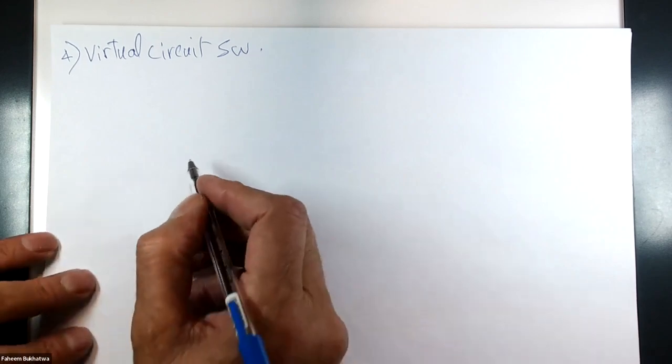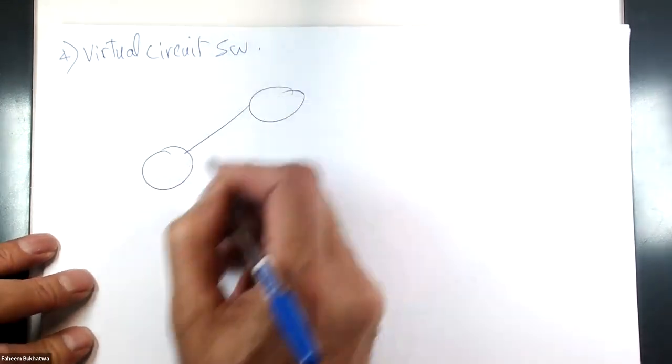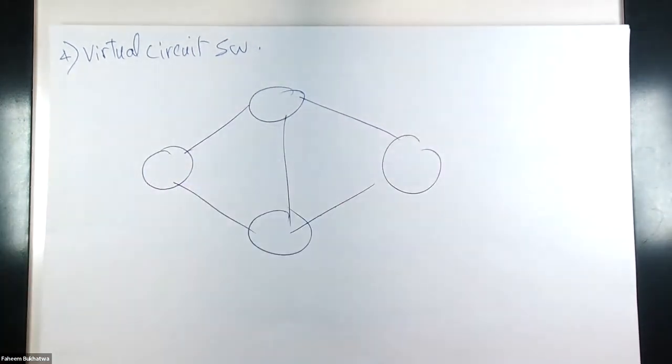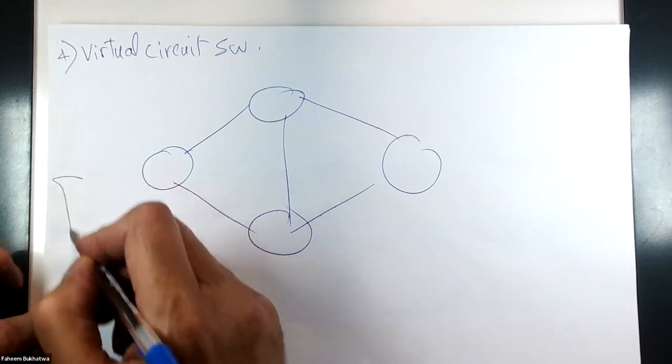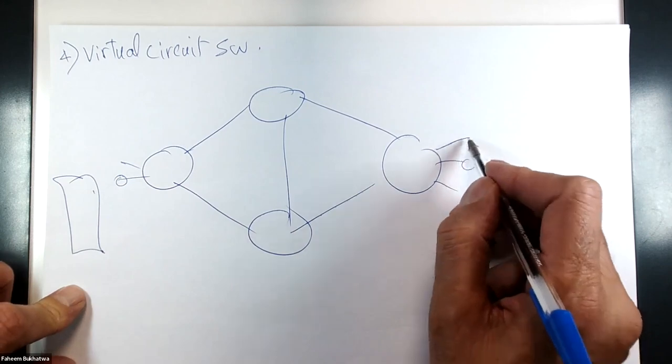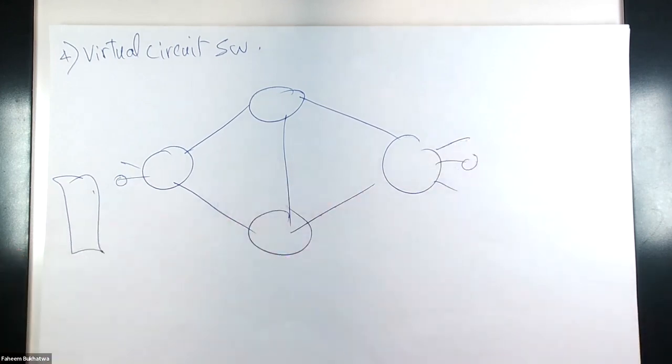This one is virtual circuit. So this is how virtual circuits work. Let's say here's a network with a few routers, and you want to send a file from a machine here to a machine there. Remember, routers don't usually exchange data generally. It's users sending messages or data to other users. Users are connected to routers. Every user has to be connected to a gateway. We call it a router, but sometimes they call it gateway.